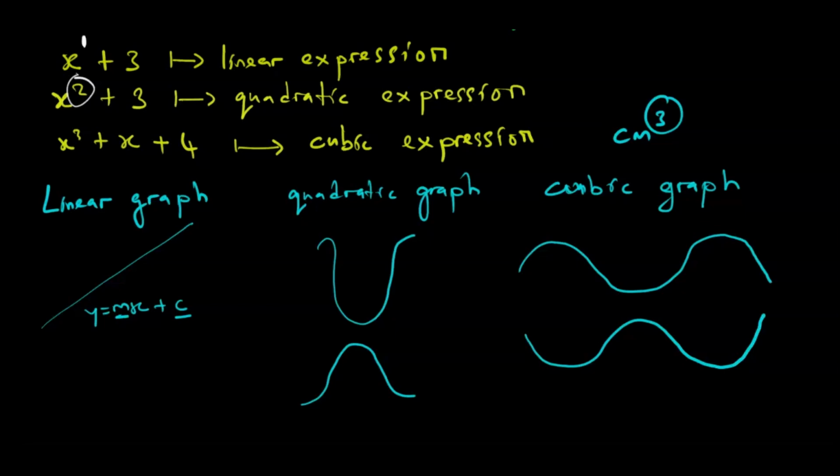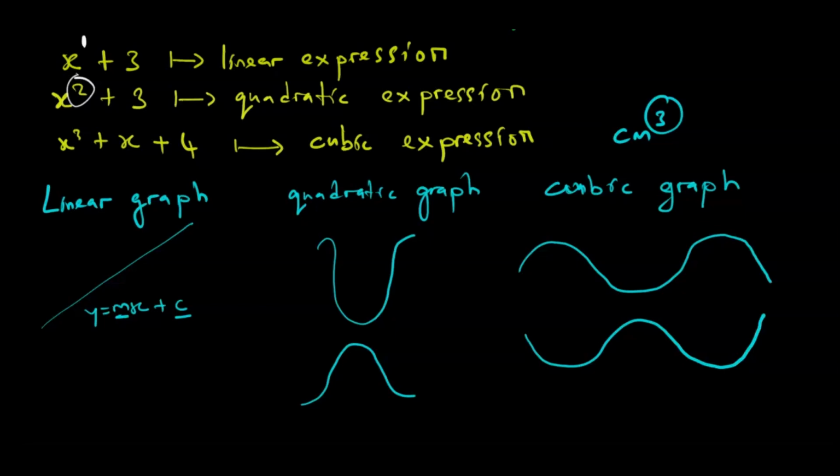So the differences I have given are to illustrate how things differ depending on the highest power of x. When the highest power of x is 1, we have a linear graph, a linear expression. When the highest power of x is 2, we now have what? A quadratic graph. Then when the highest power of x is 3, we have a cubic graph.